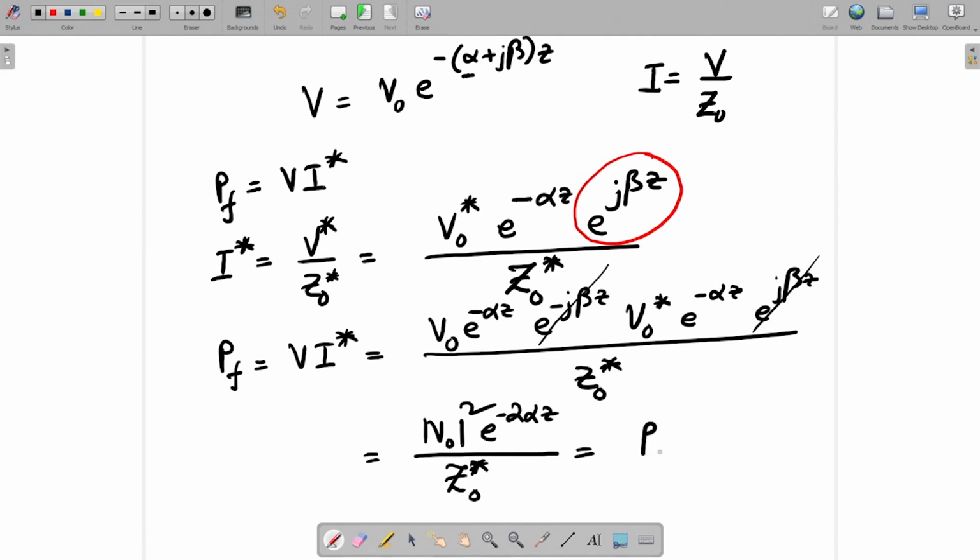And that is P 0 e to the power minus twice alpha z.